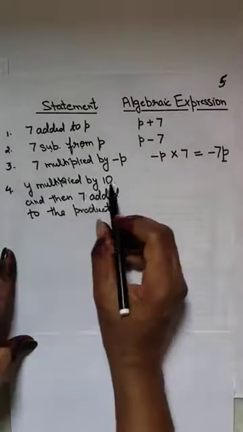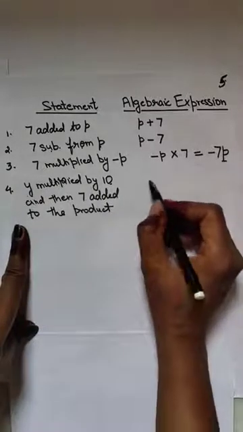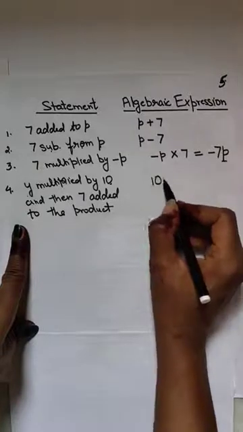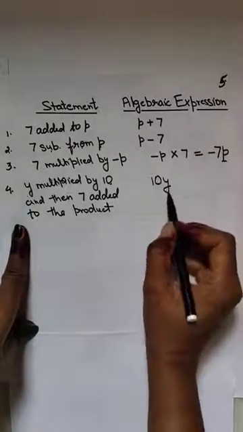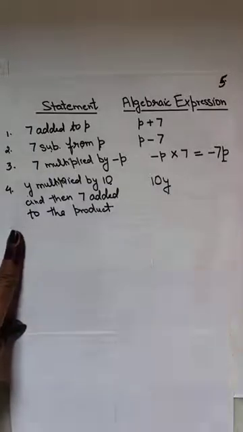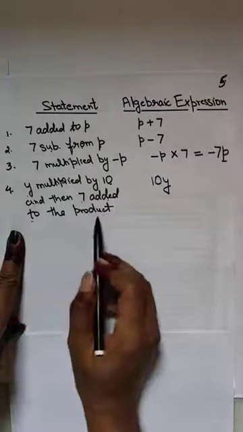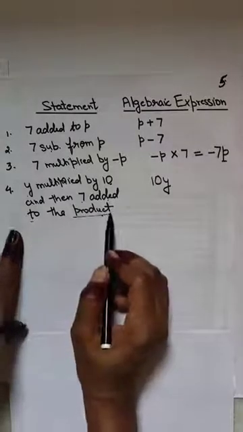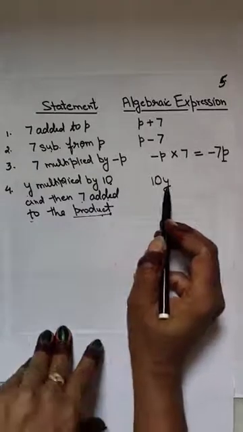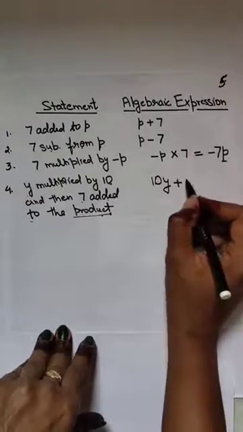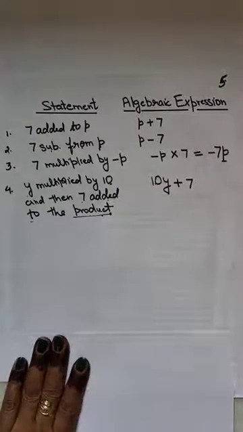Y multiplied by 10. You have to multiply y by 10. When you multiplied y by 10, it is 10y. I have told you that variable you will write down later. Okay. And then 7 you have to add to the product. What is the product? Product is the result of multiplication. That is 10y. In this you will add now 7. It is 10y plus 7.